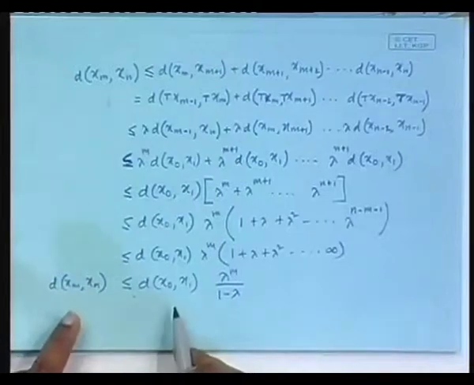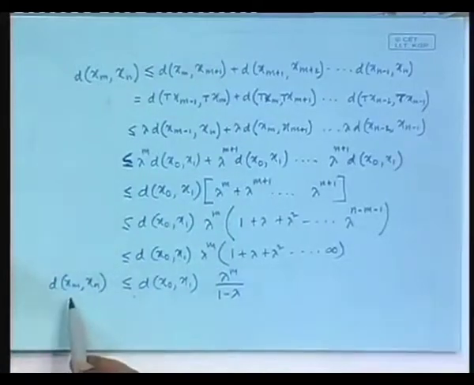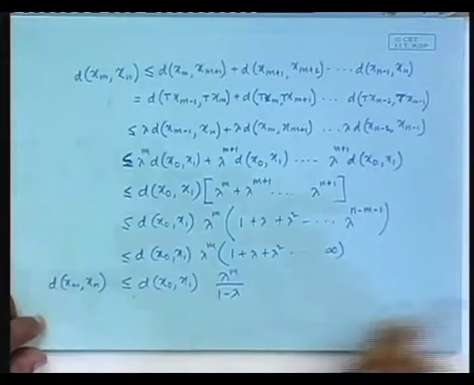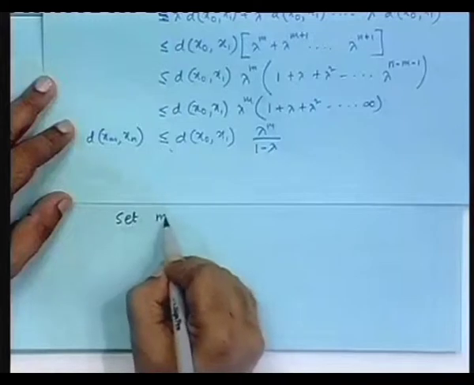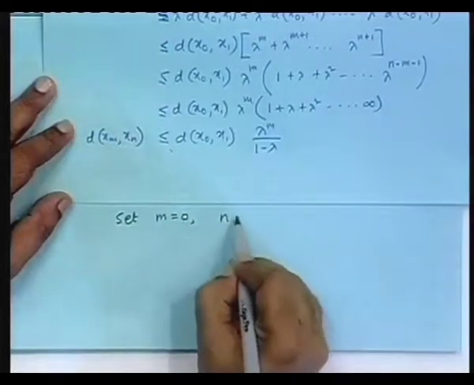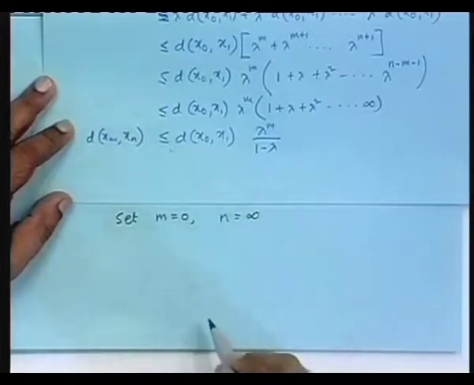If you start from there, and now set m to be 0 and n to be infinity, what do you get? In this here, set m equal to 0, n equal to infinity.